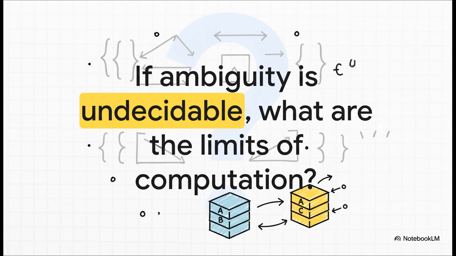It turns out that some really fundamental questions about these grammars, like the ambiguity problem we just talked about, are what we call undecidable. That means we can prove that it's impossible to write a computer program that can always tell you if any given grammar is ambiguous. It just can't be done. And that reveals this profound limit, not just in our programming tools, but in the nature of computation itself. So think about that. What does it mean when a computer can't fully answer questions about the very languages it's built on?